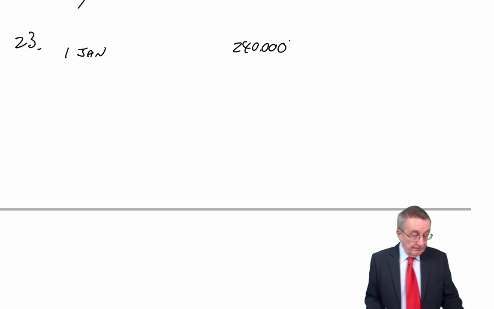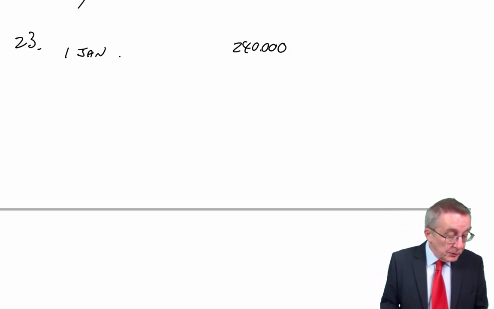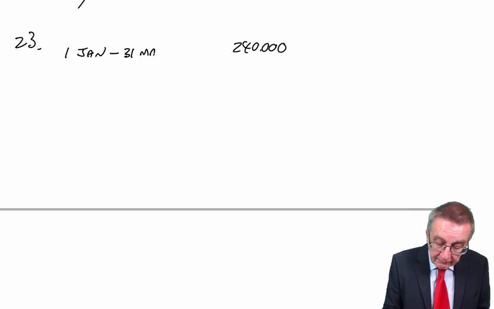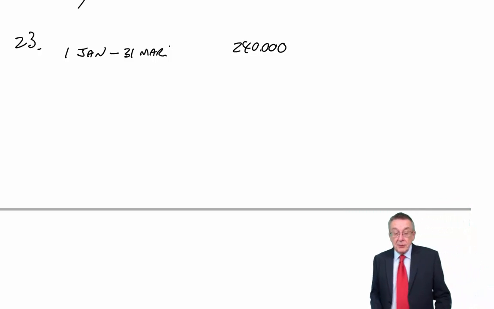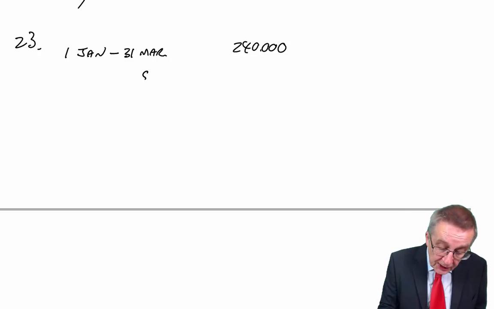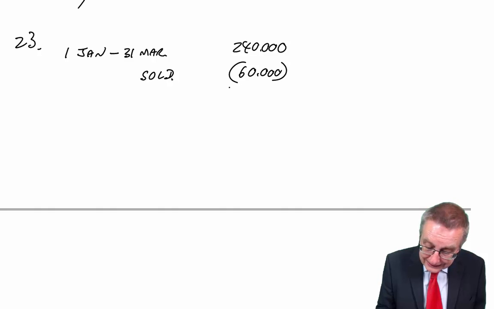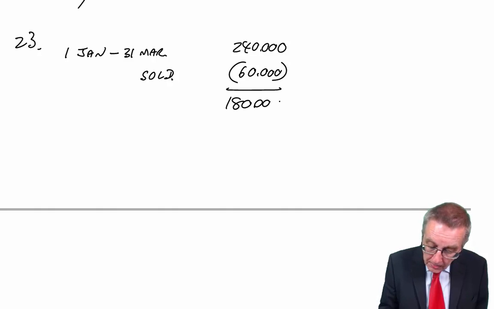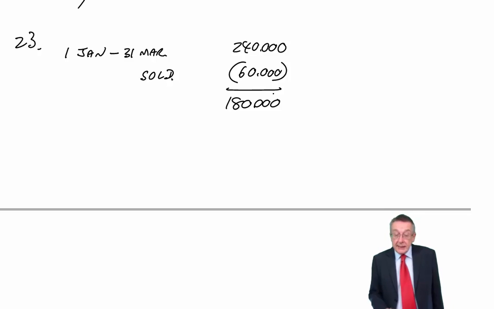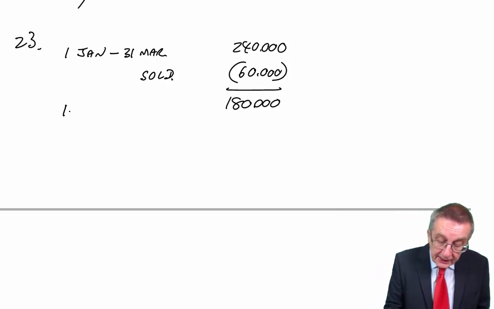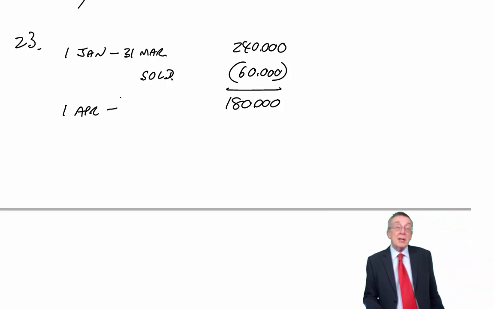If you look at the dates, the first thing that happened was we sold some on the 31st of March. So it stayed at 240 up to the 31st of March, but then we sold some which had a cost of 60,000, and the balance went to 180,000, from the 1st of April until either we buy more or sell more.